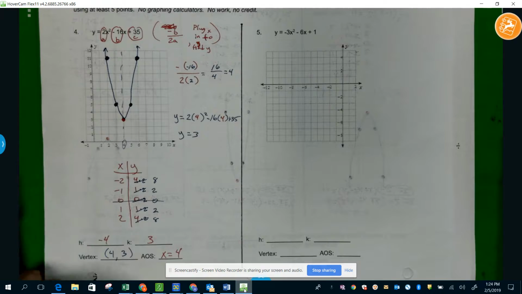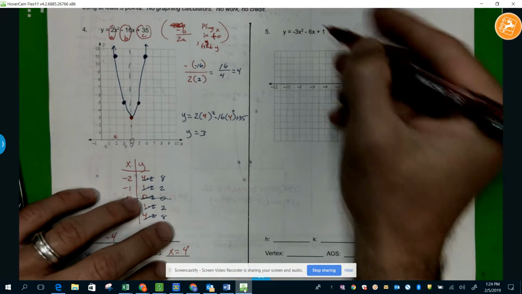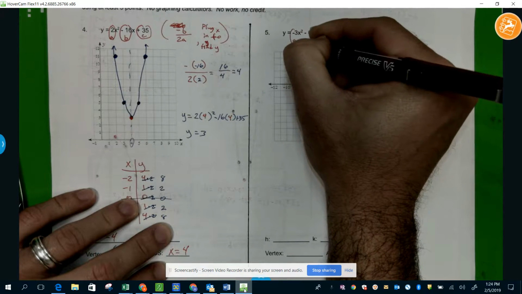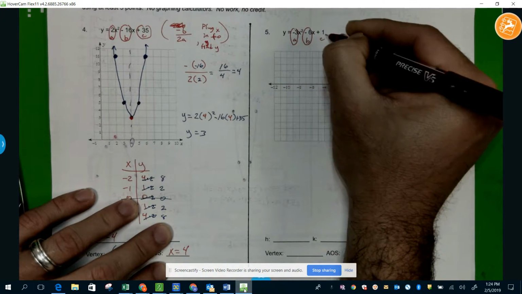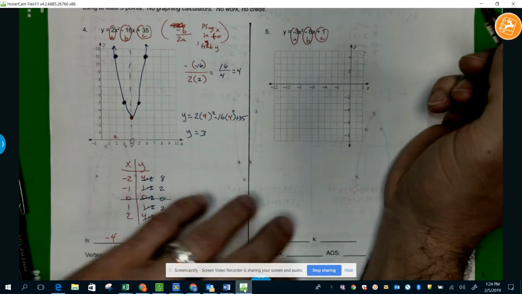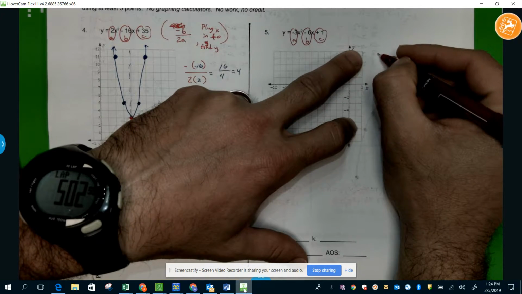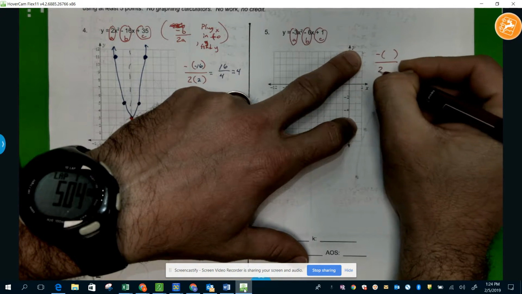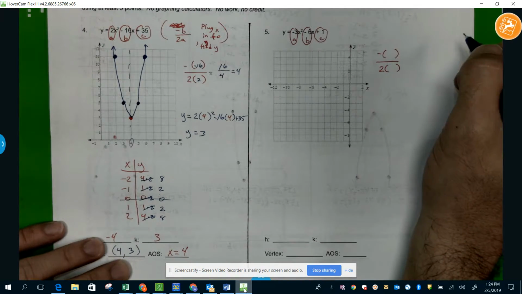All right, and number 5. Again, identify the a, the b, and the c. A is negative 3. B is negative 6. C is 1. In this case, we're not going to use the c, but it's not bad to identify it anyways. So we've got negative b over 2 times a. This is going to find us the x value of the vertex.